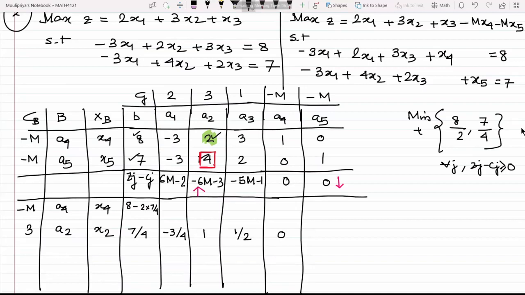Correct? It's 32 minus 14, by 2, right? 9 by 2, or 9 by 4, what will it be? Ma'am, 9/2.